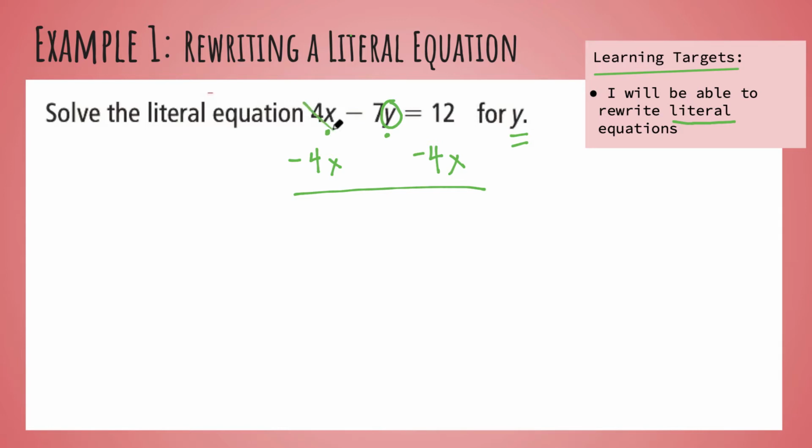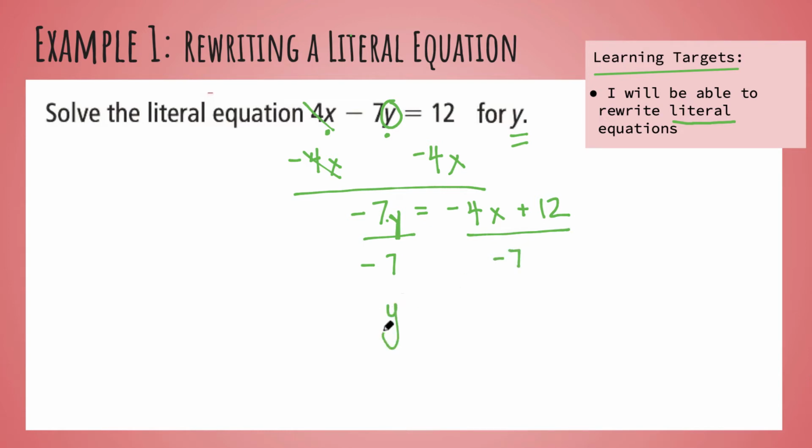And when we do that, positive 4x minus 4x equals 0. Negative 7y is equal to negative 4x plus 12. We're trying to get the y by itself, and right now negative 7 is multiplied to y. So we're going to divide both sides by negative 7.